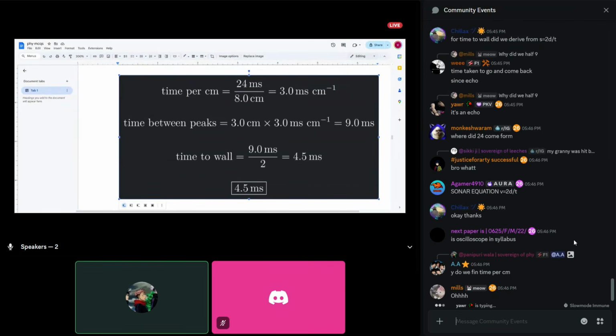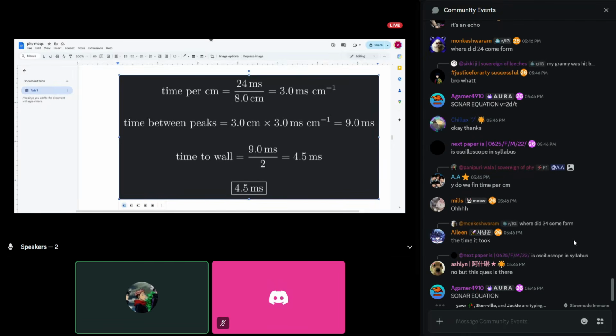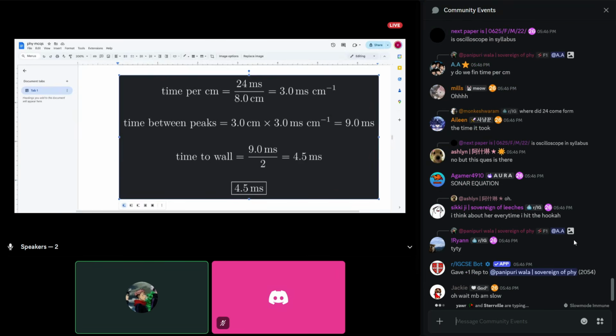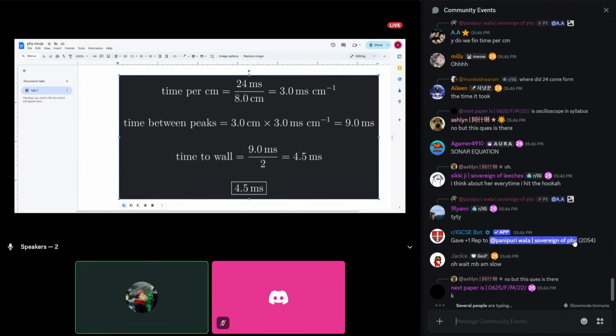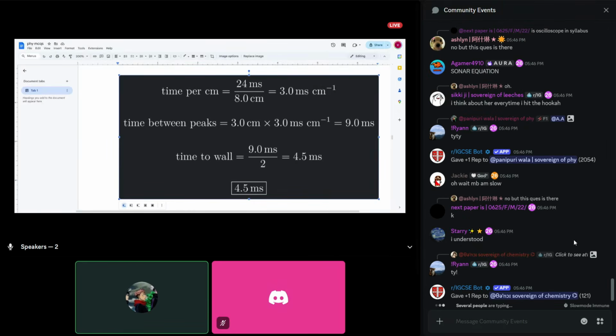Look, it's easier to find time if I do time per centimeter. If I do 1 by 3 as speed, it's much more annoying, but this is much easier. And no, the oscilloscope is not in syllabus. This is a completely conceptual question. Understood. I will move on now.